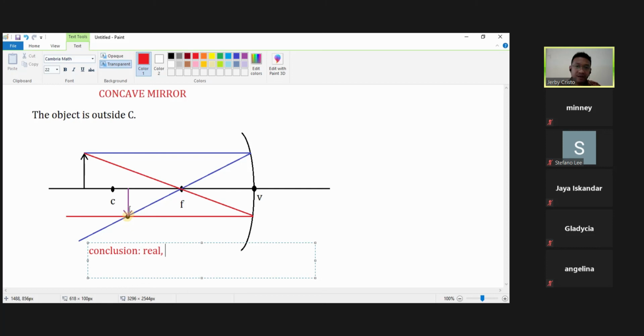Next, size. What can you say about the orientation of the image?